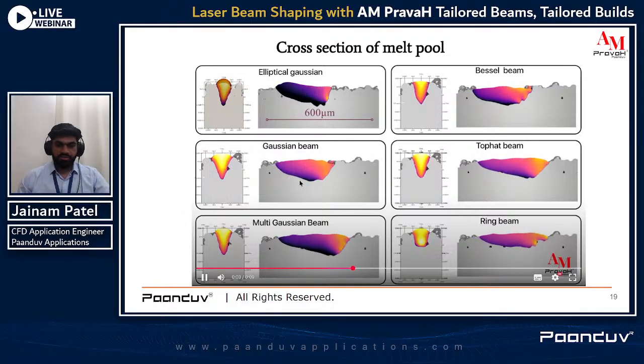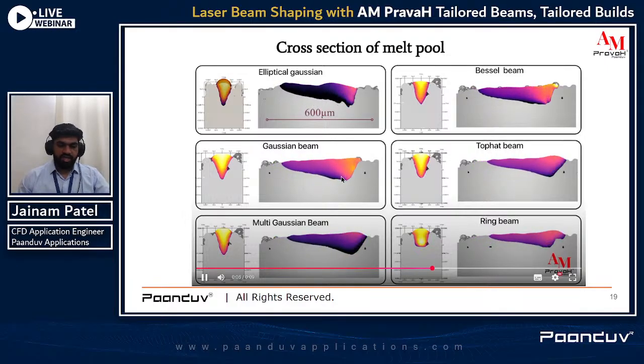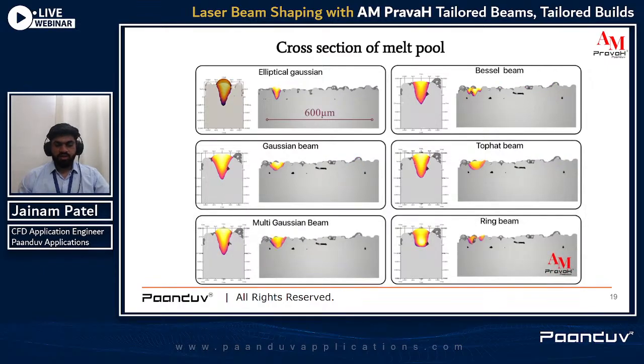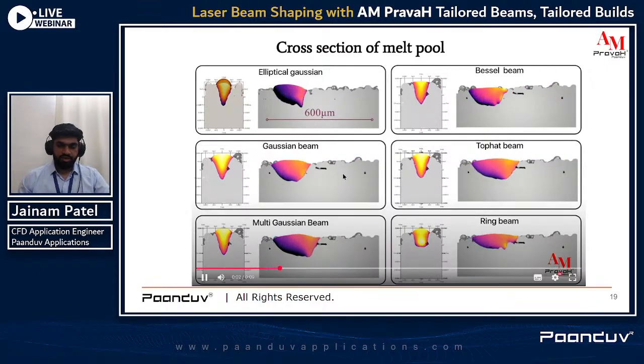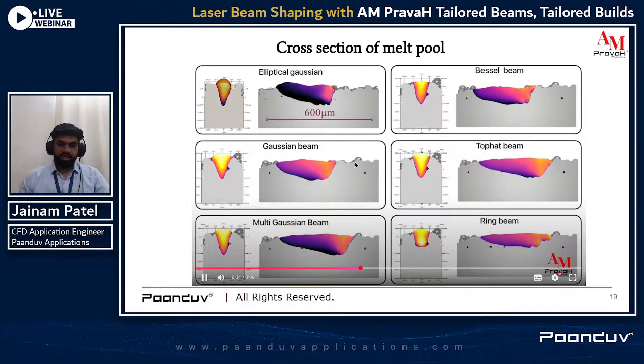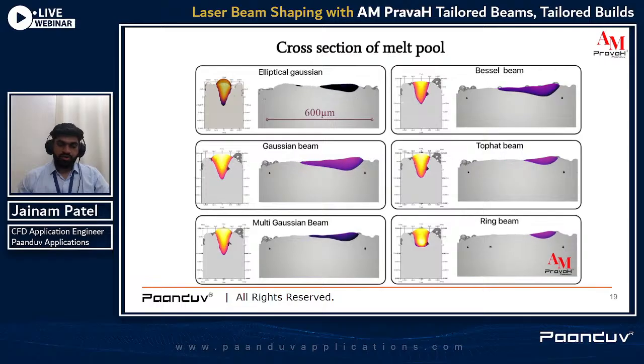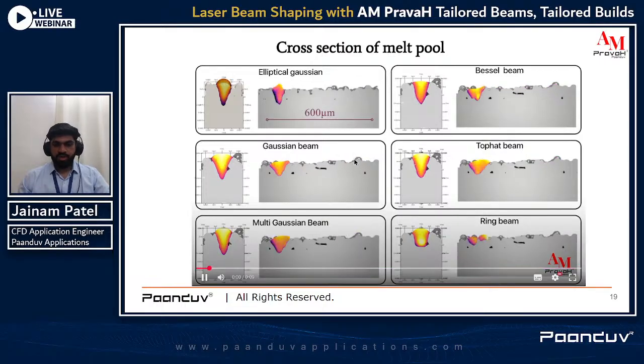disadvantages also of the Gaussian beam and the other beams, in that they have very quick heat transfer and very quick cooling, and their main intensity peaks at the center of the Gaussian peak. That's why defects like keyholes and spatter will be generated there.